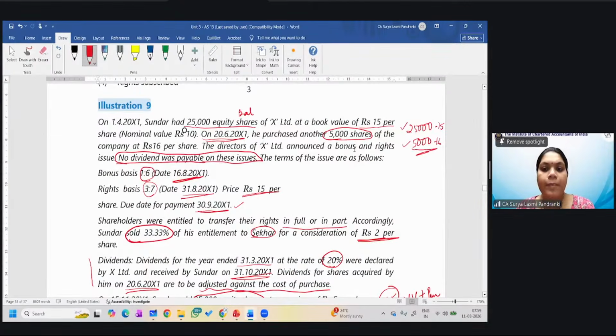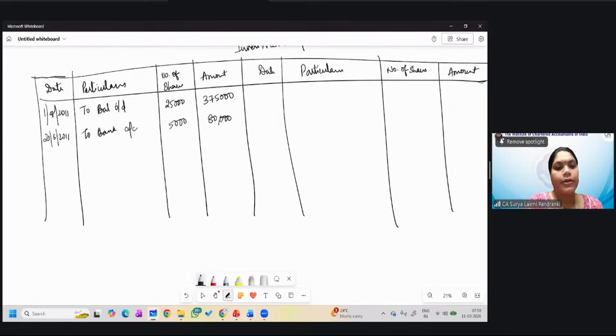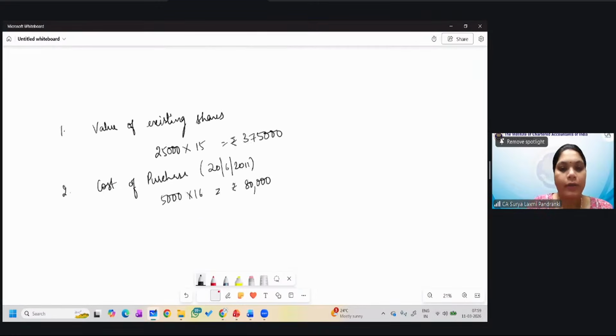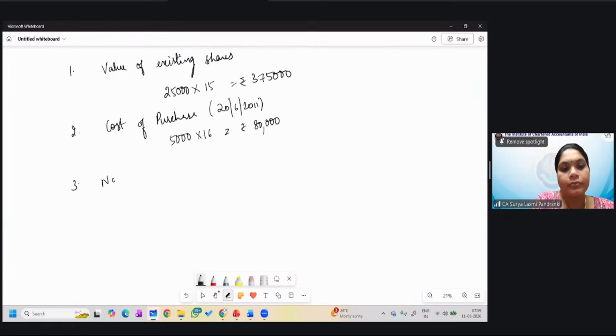Okay, the next one is the bonus and the rights issue. So bonus was on 16/8/2011. How many shares did we get? They told it is 1:6, right? Let's calculate that. We had 25,000 shares in the beginning and we purchased 5,000 shares later.